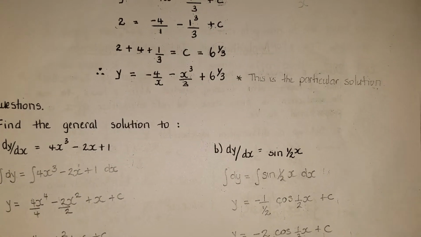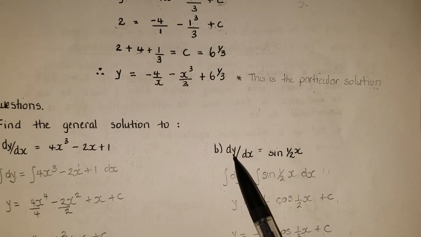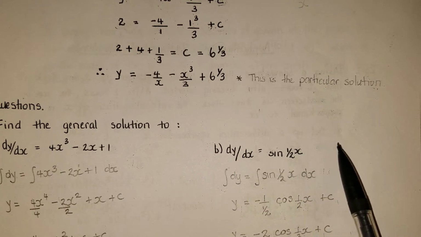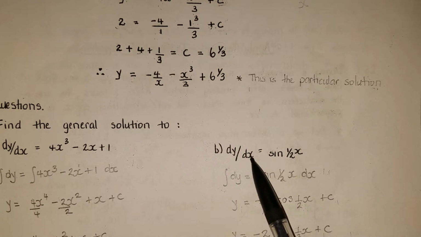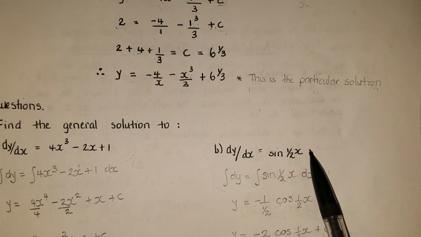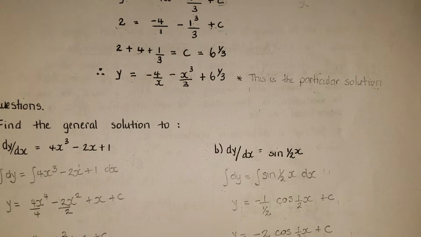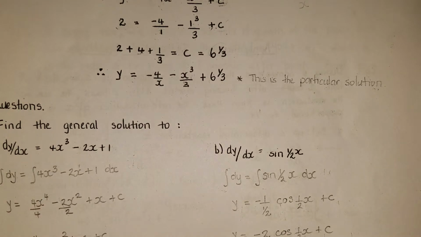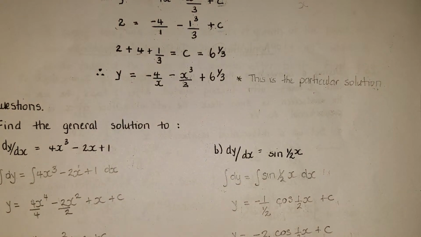In our second question, we have dy/dx equals sine half x. Once more, we'll separate our variables, so this dx gets brought up. Now that we have separated, we can integrate both sides. If we integrate dy, we get y.